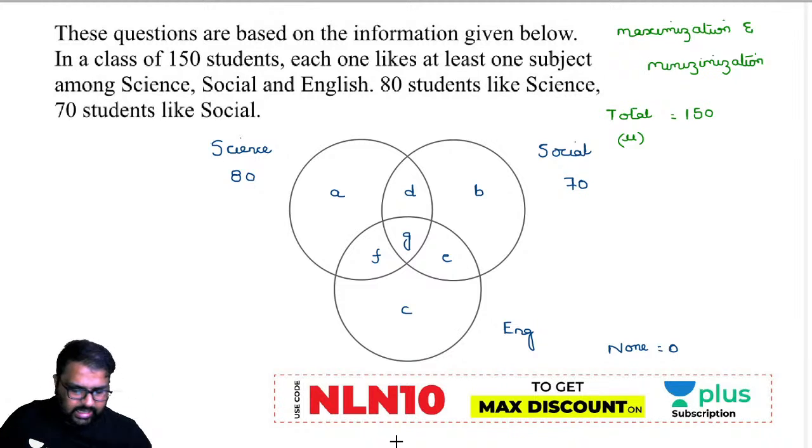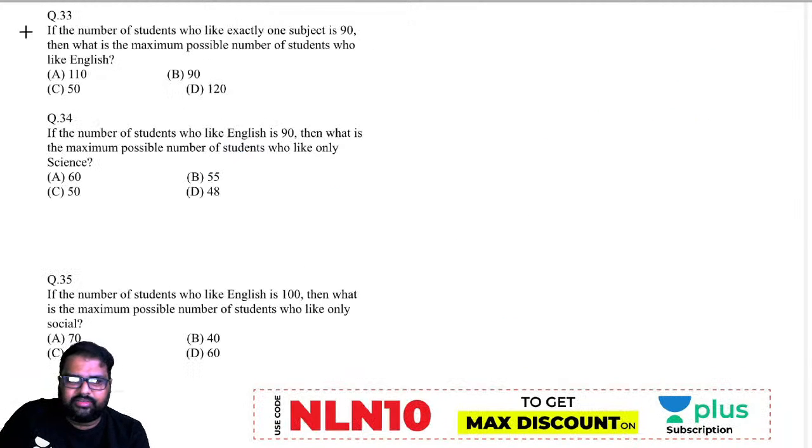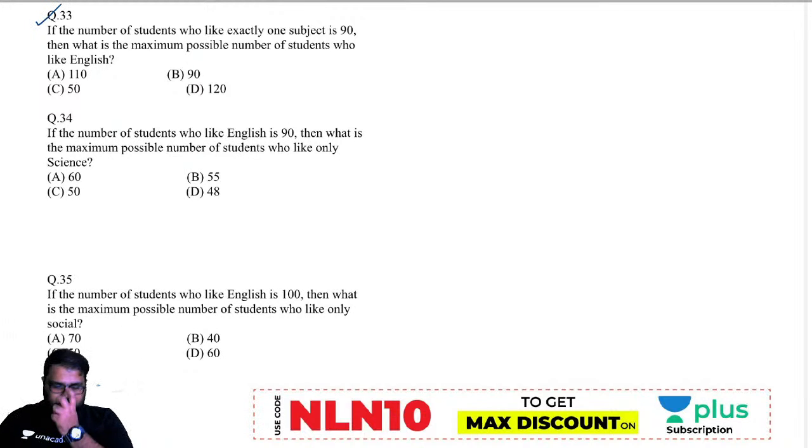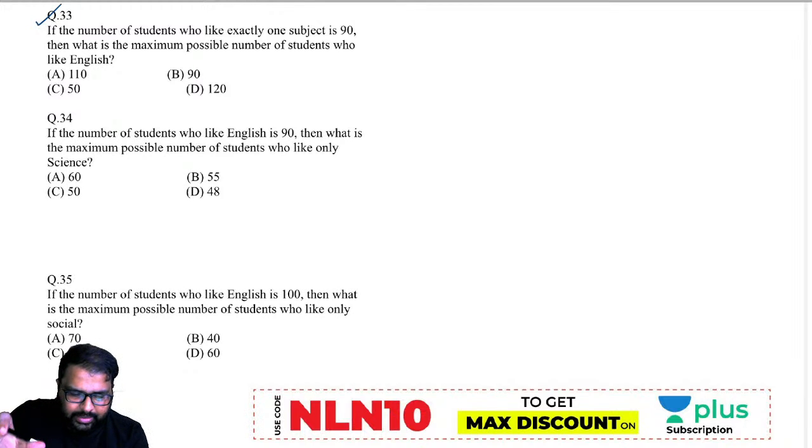Now this is the data given there. Am I right? Now come to the questions. What is the first question asked? Look here, question number 33. So take a screenshot of the questions. Right, guys, keep it in landscape mode. Take a screenshot of the questions.